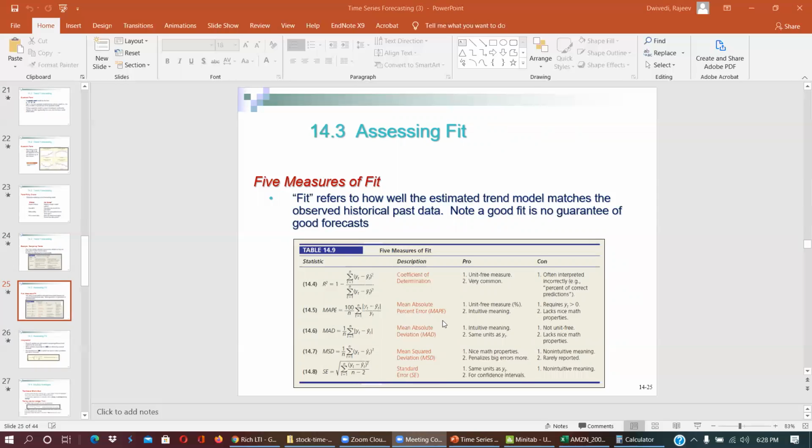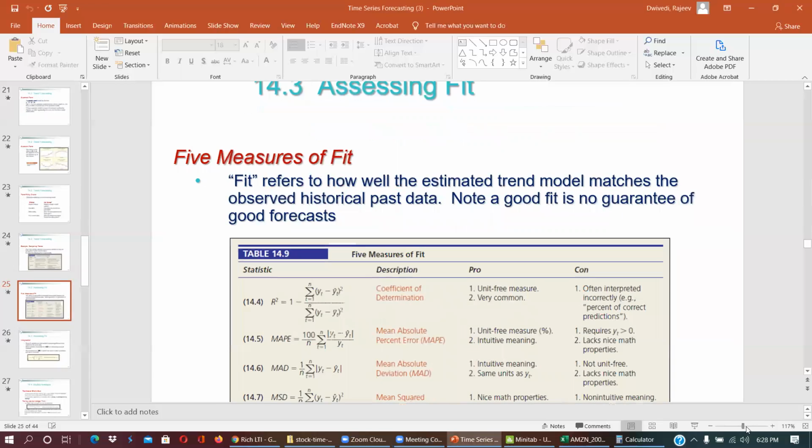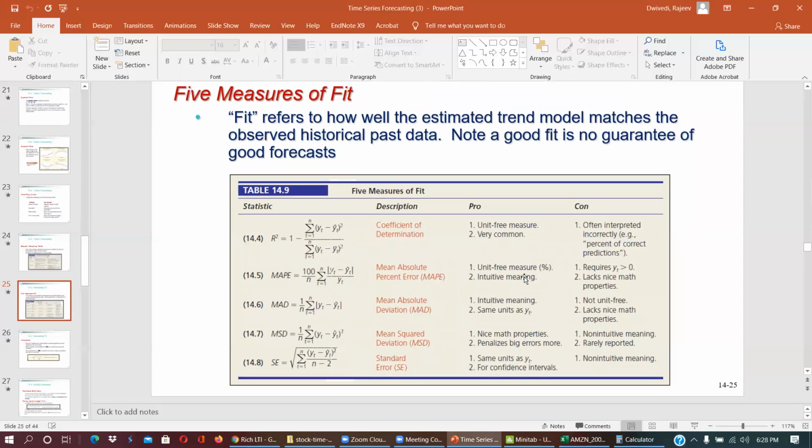These are the 3 measures we get in our Minitab. This is a unit-free measure of percent, and it has intuitive meaning and nice math properties. So these are the 3 important or 5 important measures to see how good the fit of your model is.